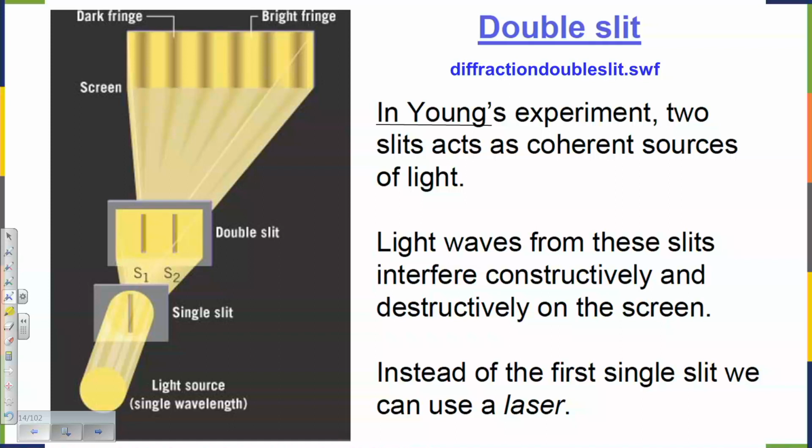To do that, we use two slits. We have to use very narrow slits, close to each other. But now, each slit starts acting like an individual source. And behind this optical device, the double slit, we should be able to see the interference pattern.